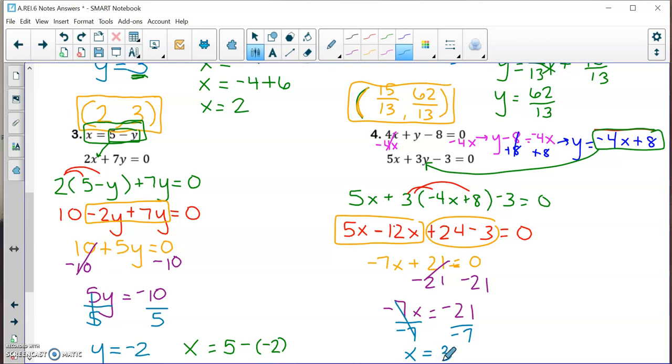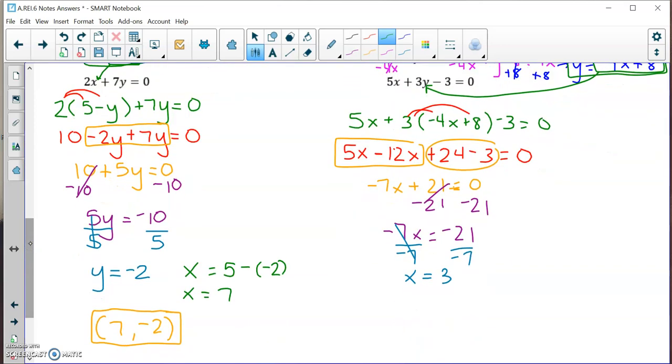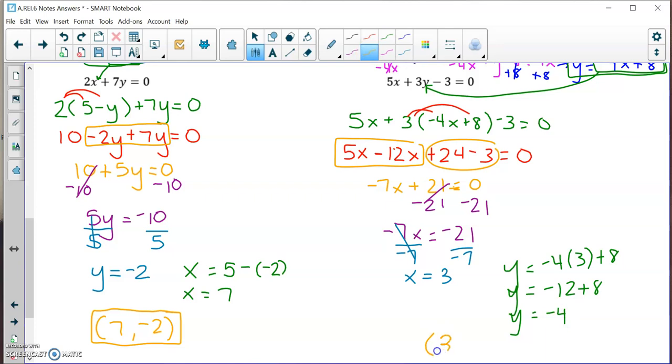All right, I'm going to take that positive 3 and substitute it into this y is equal to negative 4x plus 8. And I'm going to find out what y is. Y comes out to be negative 4. I wind up with the ordered pair 3, negative 4.